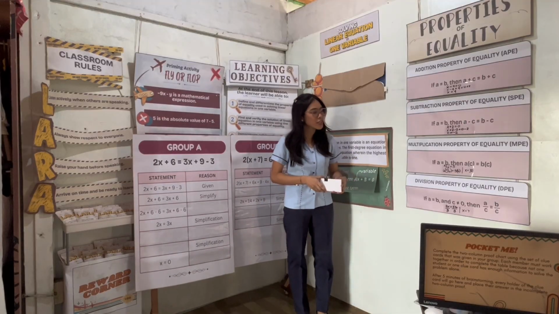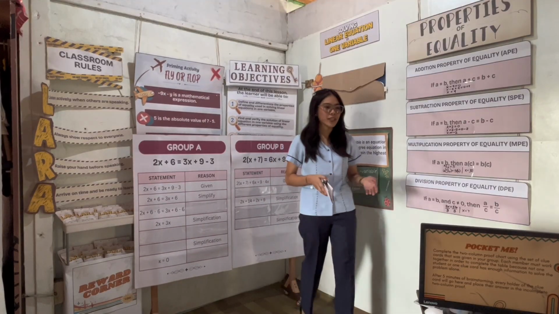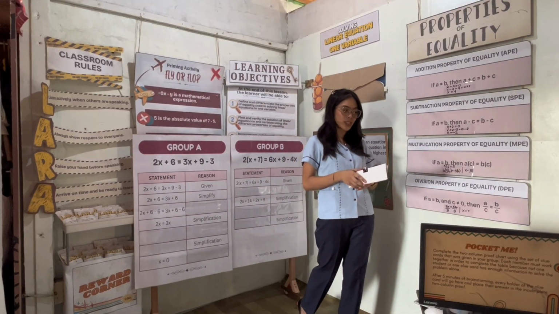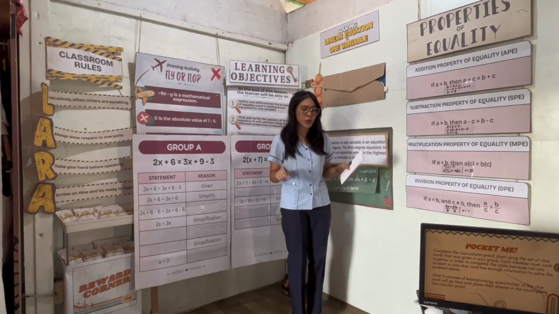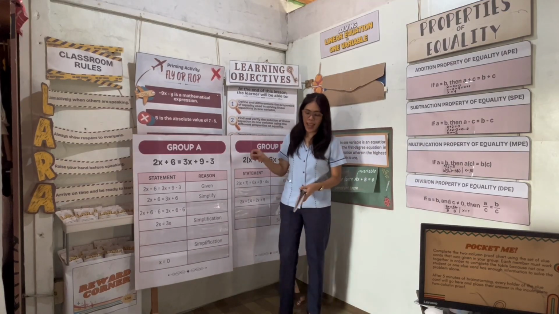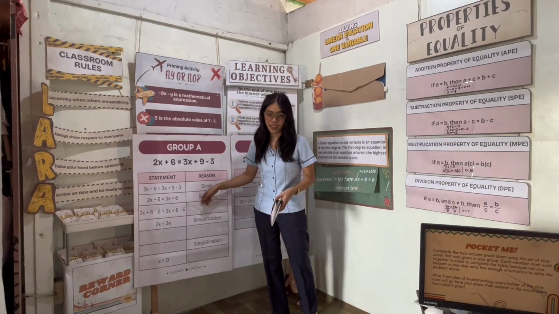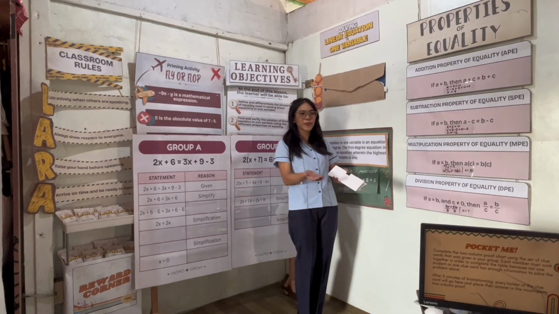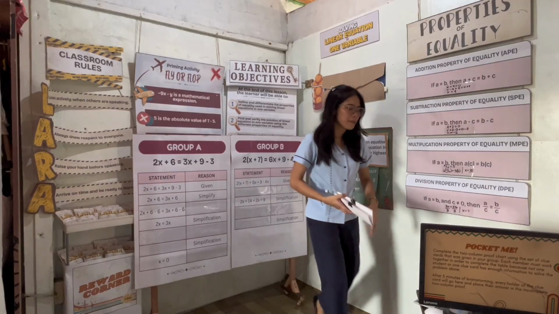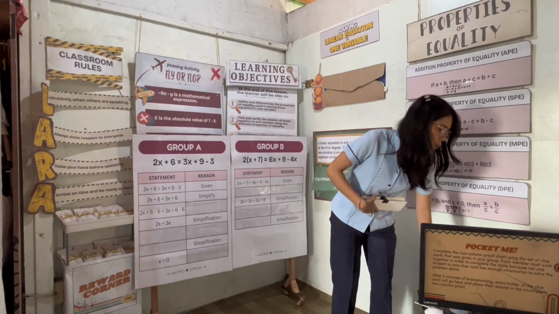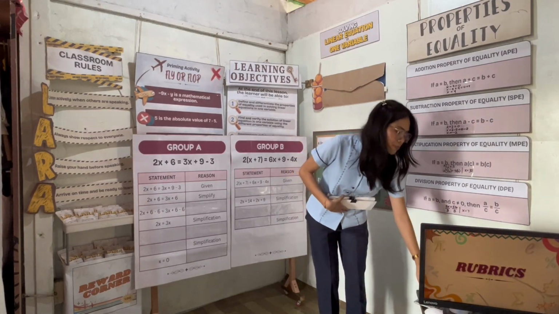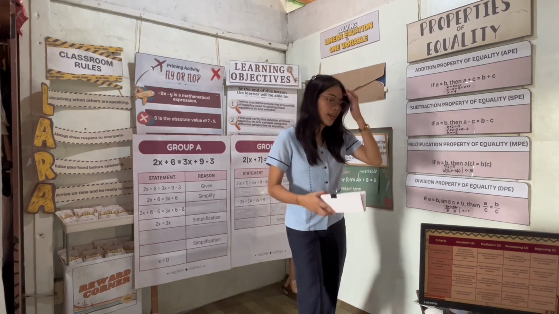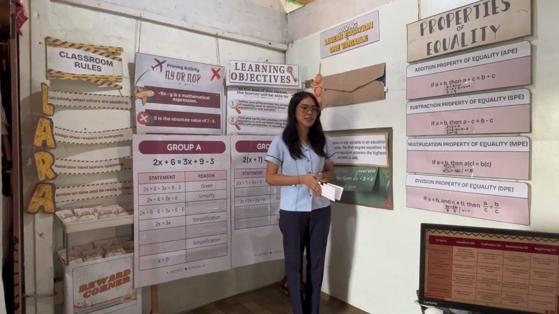And after 5 minutes of brainstorming, everyone who holds a clue card will go here and place their answer in the pocket, so that we will have a complete pocket chart. Understand? Okay. Now, you will be graded with this rubric. Please be mindful. And now, 5 minutes has passed.